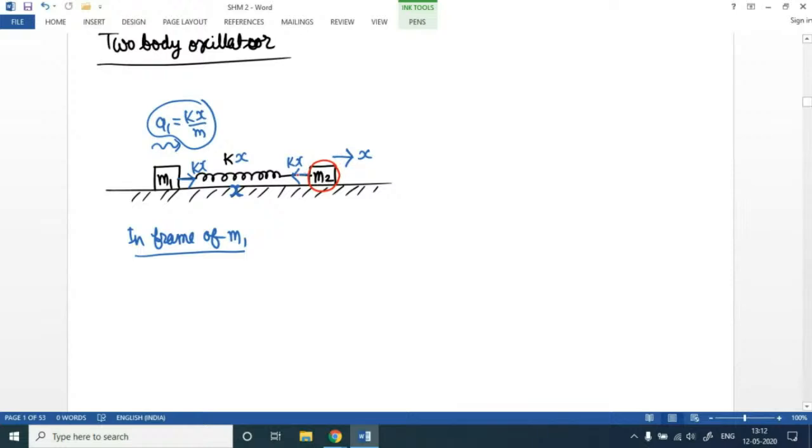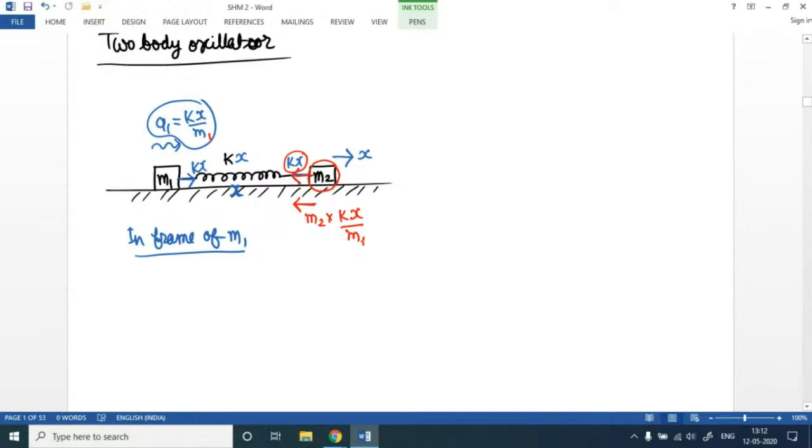This block is experiencing kx, and apart from that, a pseudo force would be acting in this direction, which is m2 into a1, that is, m2 into kx upon m1.